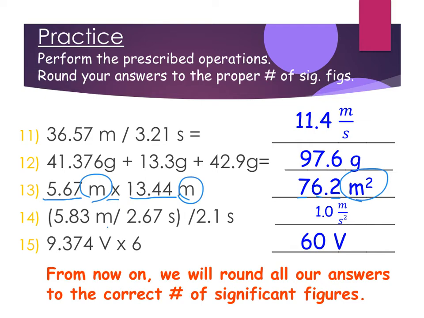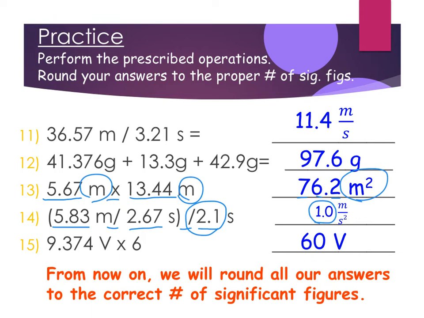The next one is all division. So for significant figures, we're going to go with the least number of sig figs. So we've got 3 sig figs divided by 3 sig figs, but then that's divided by 2 sig figs. So 2 sig figs overall would be the least number of sig figs. So 1.0 would be the correct answer with the correct number of sig figs.